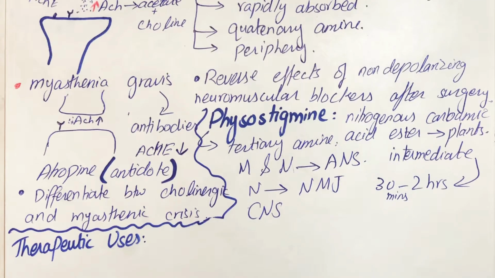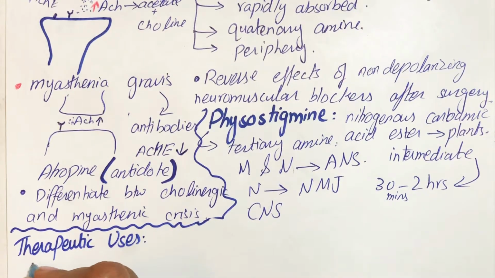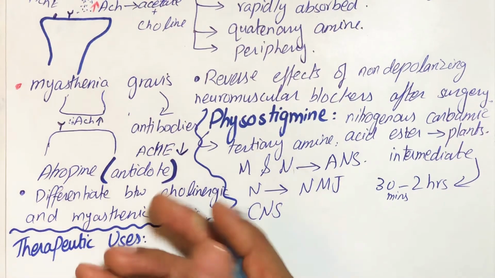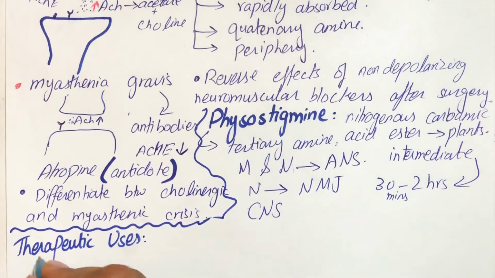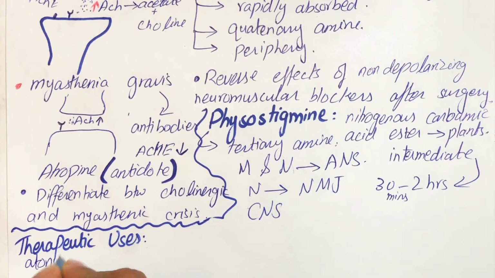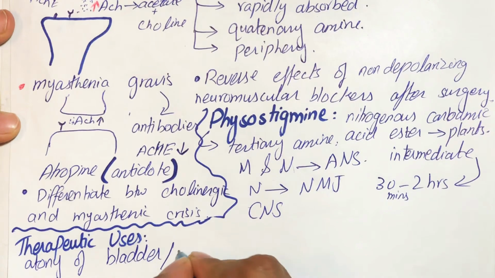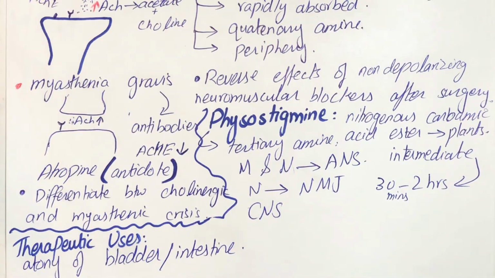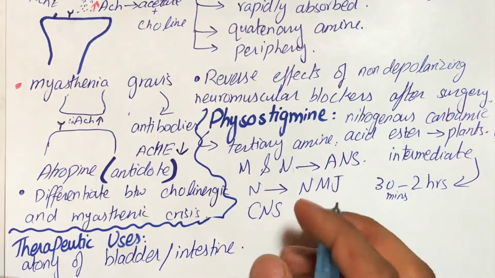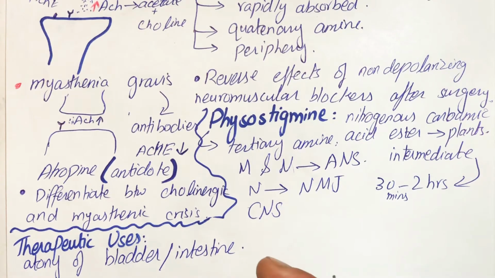So if we talk about the therapeutic uses of this agent, it is involved in increasing the intestinal and bladder motility. So we can use it as therapeutic agent in atony of either of the organs, atony of bladder or intestine. In these conditions we can use Physostigmine because it increases the motility of intestinal muscles or bladder muscles.